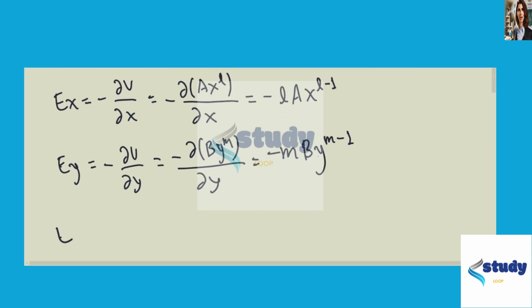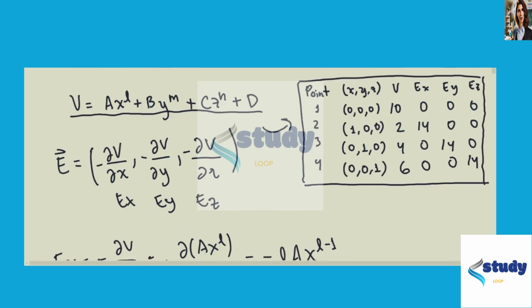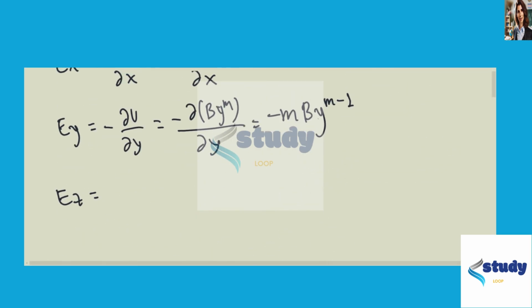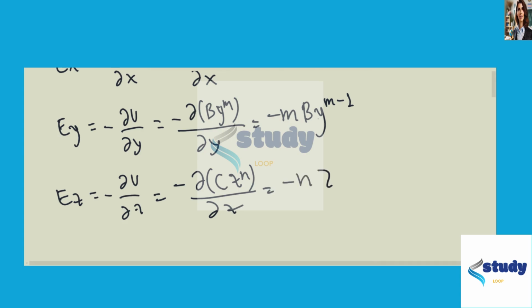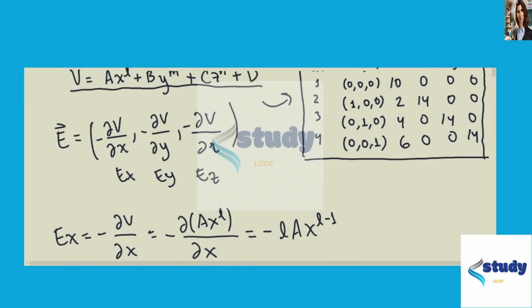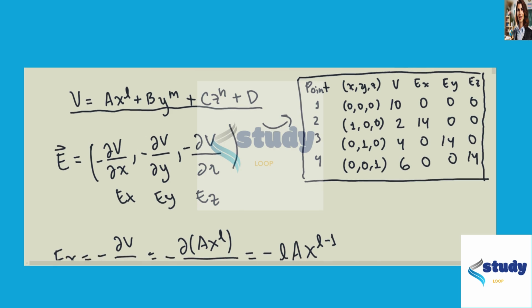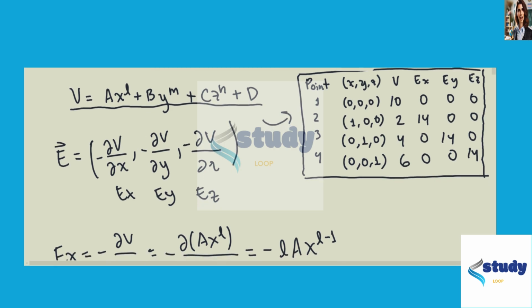And for the third part, again, something similar: minus N C z to the N minus 1.